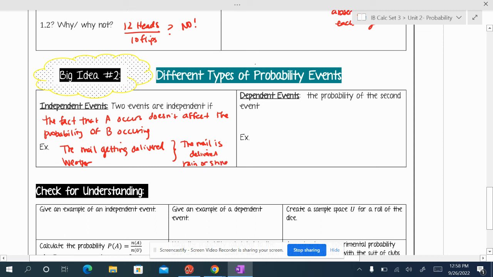Whereas in a dependent event, the probability of the second event depends on the outcome of the first event. So, for instance, you draw a queen from a deck of cards, right?